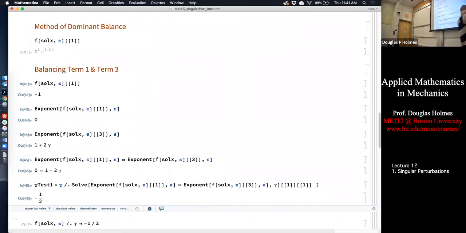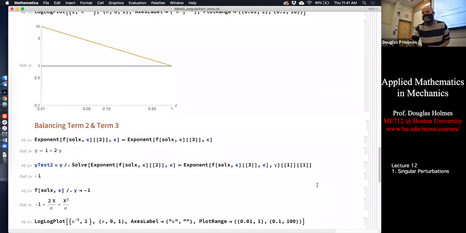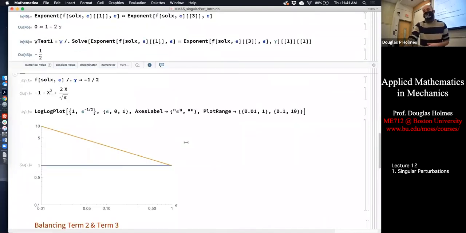Could you repeat why you're balancing the first and third term and not the second and third, or does that come later? Yeah, so there's only 3 terms in this equation. We have to keep the third term. And so that means we have to test two options. One is balancing the first and the third, and the other is balancing the second and the third. Arbitrarily, I picked to do the first and the third first, and then we will do the second and the third term next.